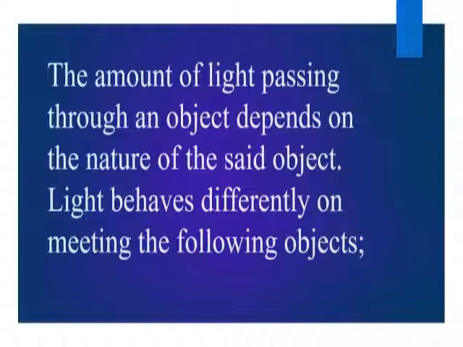Now the amount of light passing through a material or an object depends on the different materials. So we notice that when light passes through an object, that light behaves differently depending on the object on which the light is incident, and this will lead us to discuss some materials that behave in this manner.